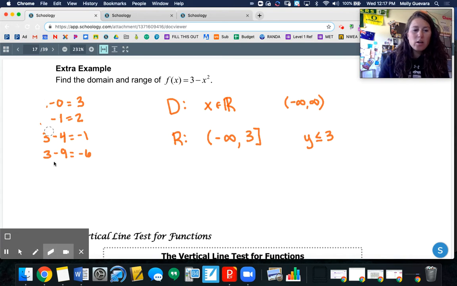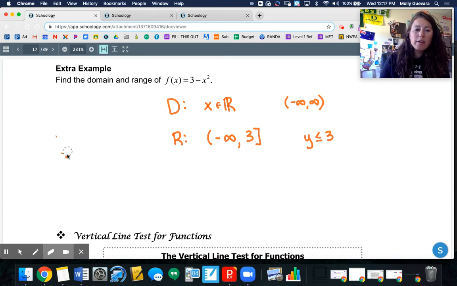You also could have checked this and graphed this on your graphing calculator, and that would have been okay too. Okay? Or you could have just thought about what does this graph look like? If we go back to algebra 2, right, x squared is a parabola. This plus 3 tells me it's moved up 3.